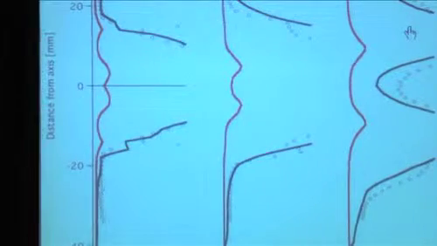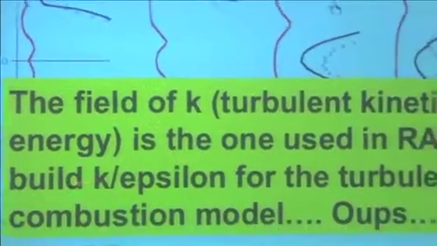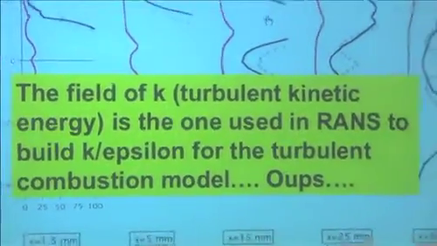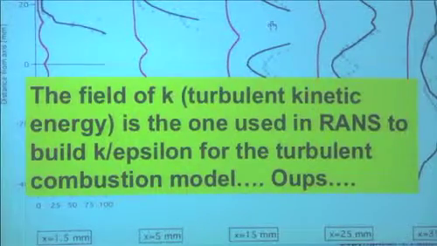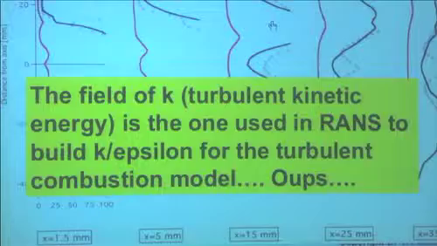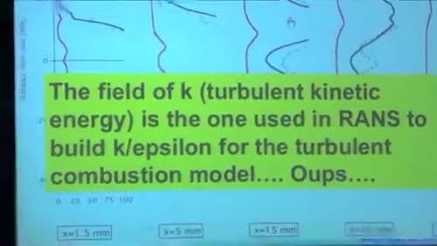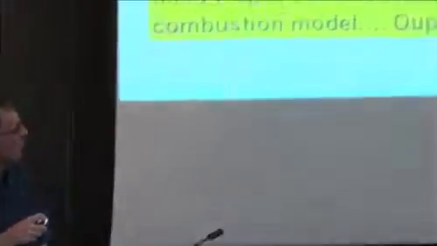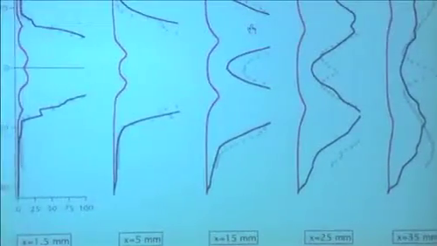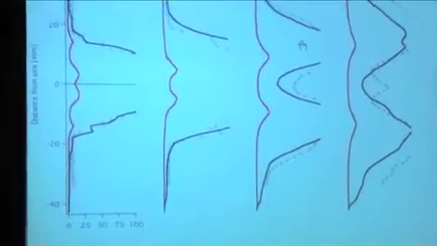And you could say, well, we don't care, except that K is the input that will be used to build the time scale to compute combustion there. Remember when we wrote the eddy breakup model yesterday, we wrote temperature multiplied by 1 minus temperature divided by epsilon over K. So the K here, which will be used in the RANS code, is just wrong by a factor of 20. So then it means when you go to combustion, you're going to have big problems.